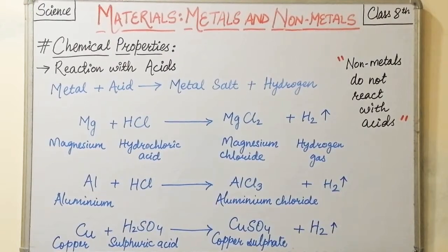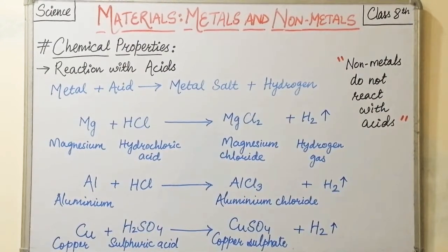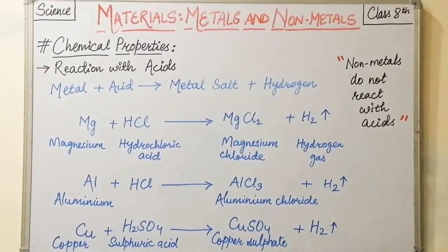So the first example is of magnesium. When magnesium reacts with hydrochloric acid, it gives us magnesium chloride and hydrogen gas escapes. Again, aluminium metal, when it reacts with hydrochloric acid, gives us aluminium chloride along with hydrogen gas.